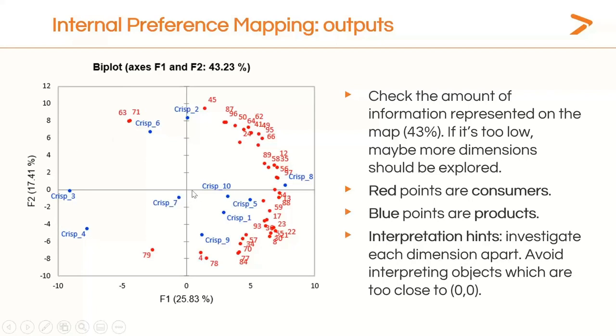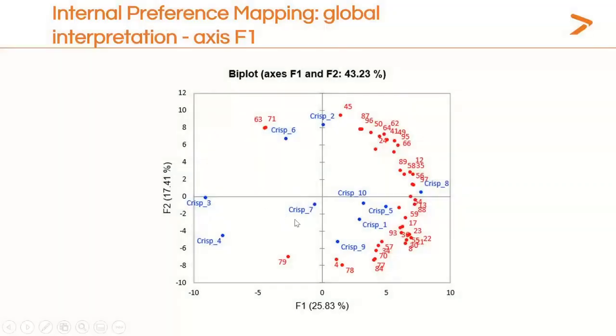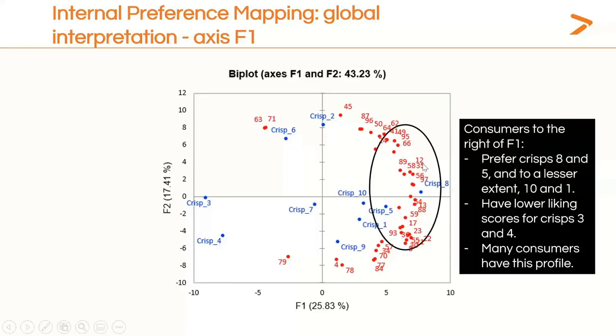I will start by interpreting F1 right here, and will interpret each side of the axis. I will start with the right side. Consumers to the right of F1 are close to crisp number 8 and maybe a little bit number 5. They have positive coordinates on this axis. So we may say that they prefer crisps 8 and 5, and to a lesser extent, maybe 10 and 1.